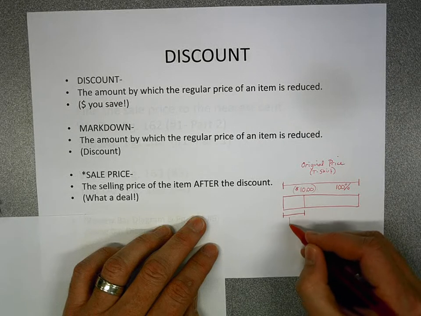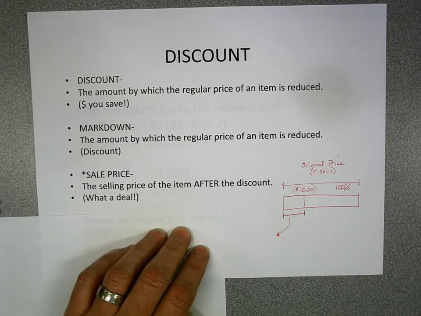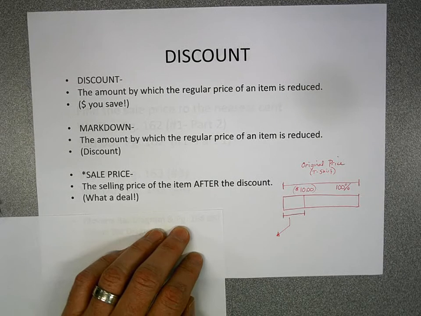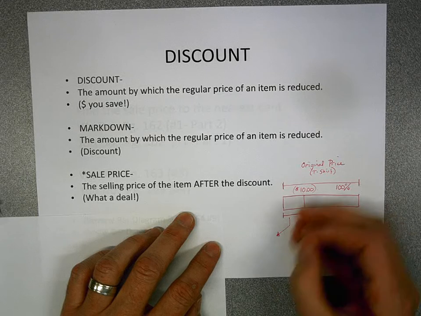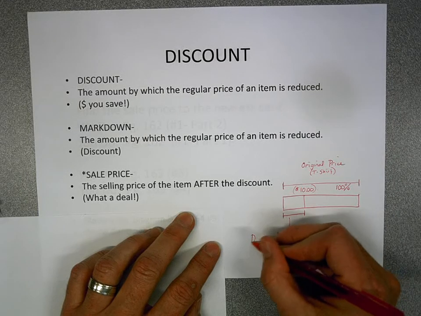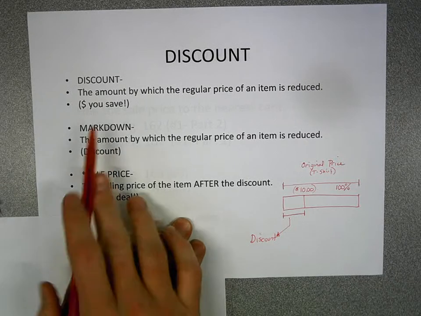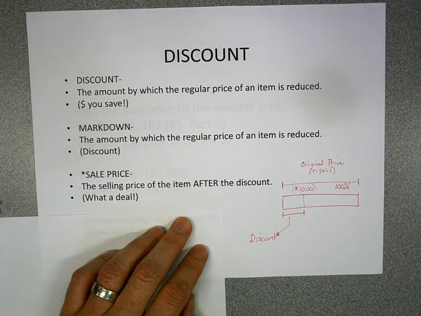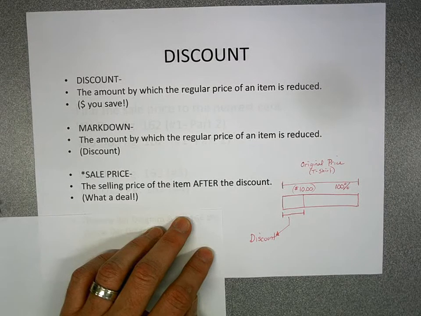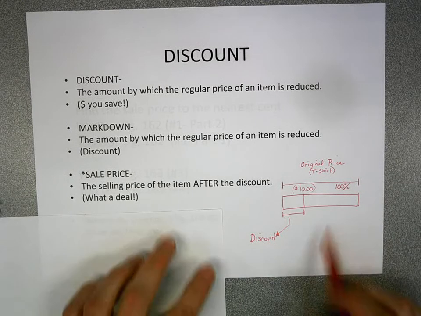In this problem, I'm going to draw a little arrow down here. In this problem, that little part is going to represent, if this whole thing's the original price, the discount. The discount, right? The money that we save. This is going to be the discount. Now, let's say we go to buy this shirt, the price tag says $10.